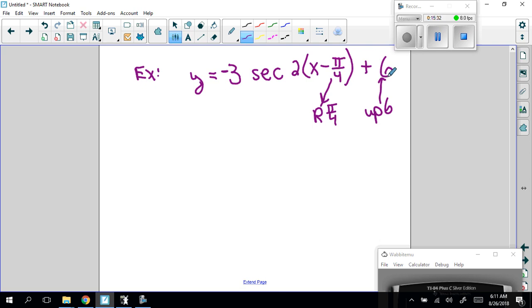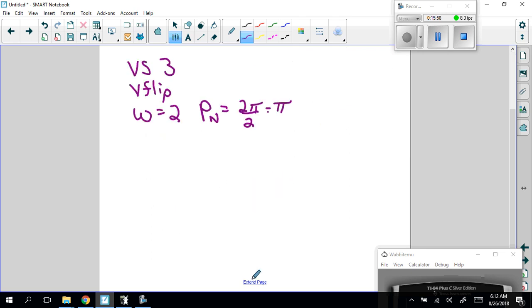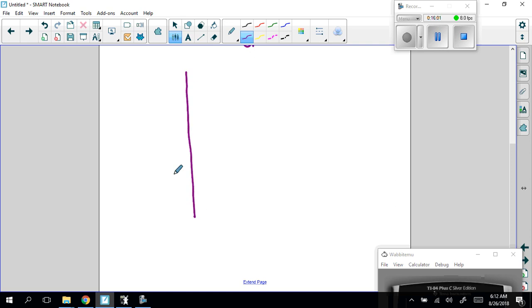I always pretend that I have this little third grader who can shift my points for me. So I'm never really that concerned about that. So I only see the rest of the problem, where the vertical scale is 3. It's a flip because of the negative on the 3. The omega is 2. Therefore, the period is 2 pi over 2, which is pi. So now I've got to graph secant, but that means I just have to graph cosine flipped.